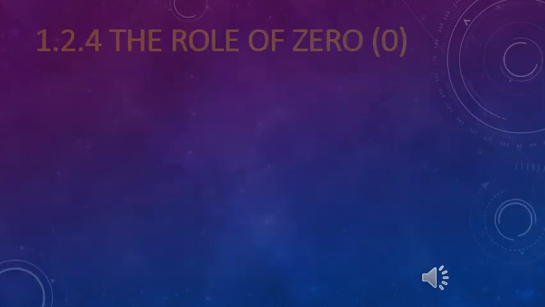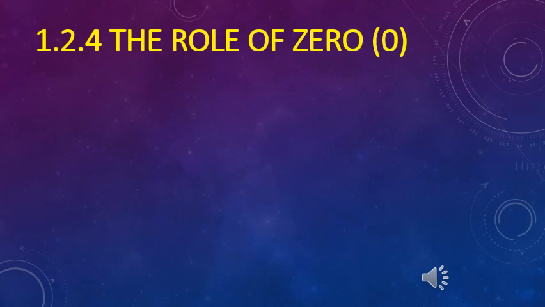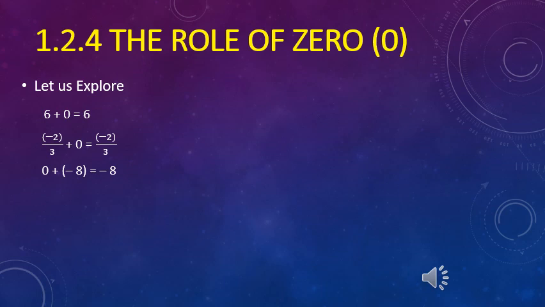The role of 0. Let us explore and observe the following examples carefully. 6 plus 0 is equal to 6. Minus 2 upon 3 plus 0 is equal to minus 2 upon 3. 0 plus minus 8 is equal to minus 8.